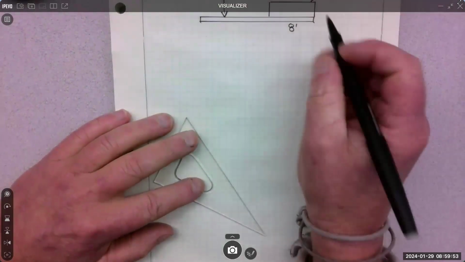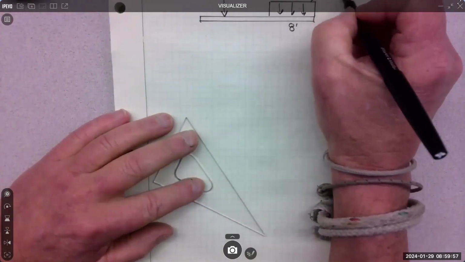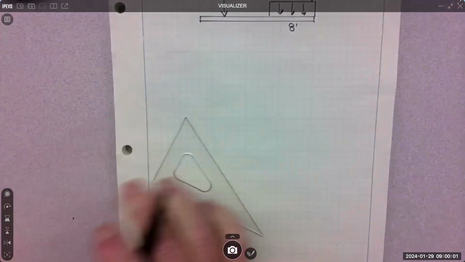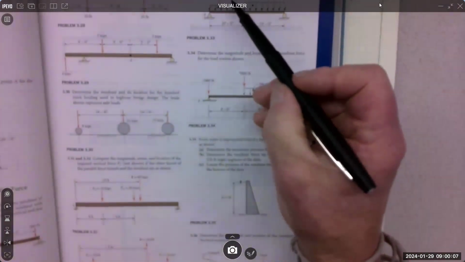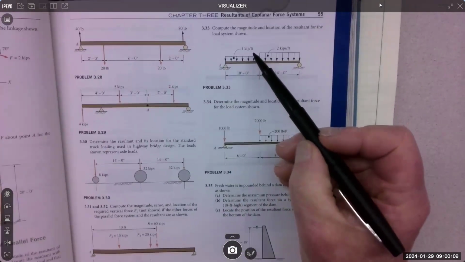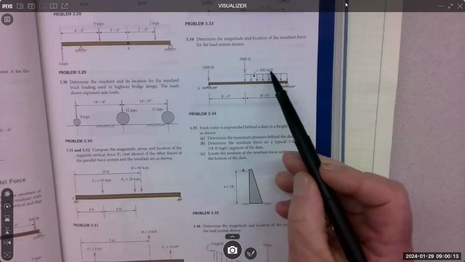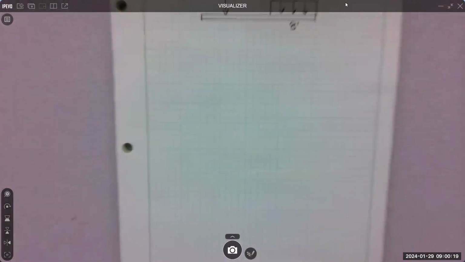And then the way these are called out is 100 newtons per meter. So the book will call these things out, and that is per meter. Like here, this is 1 kip per foot. This is 2 kips per foot. This is 200 pounds per foot. So it's telling you for every foot we have this weight, right? It's a distribution.